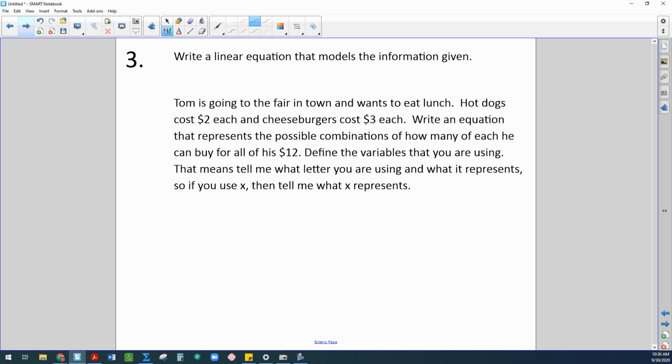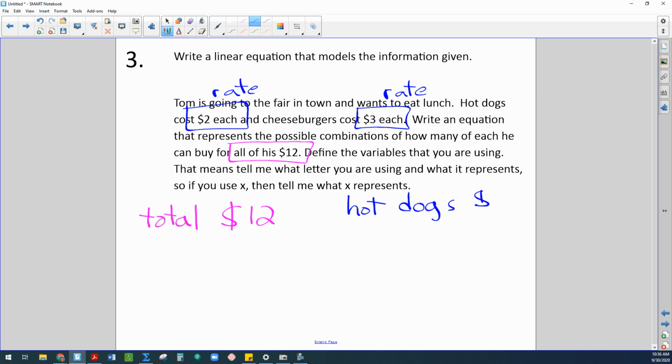Okay, so for this type of problem, we have different information. We have a total of $12, and we have two rates. We have a $2 rate for hot dogs, $2 each, and we have a $3 rate for cheeseburgers.